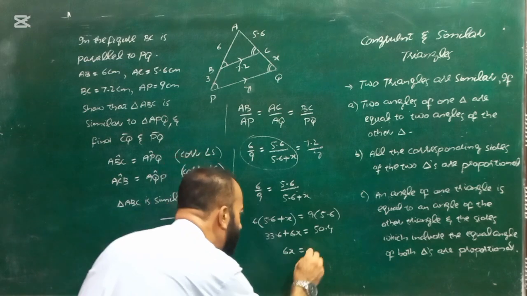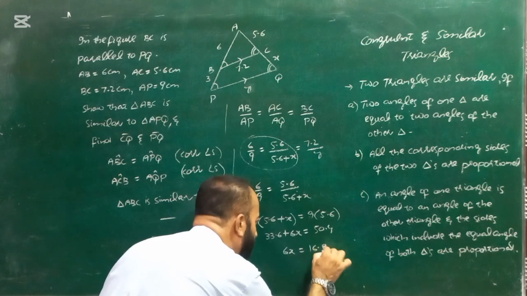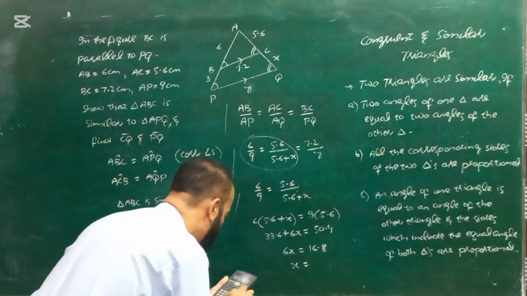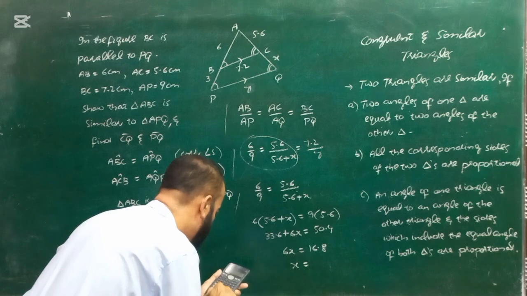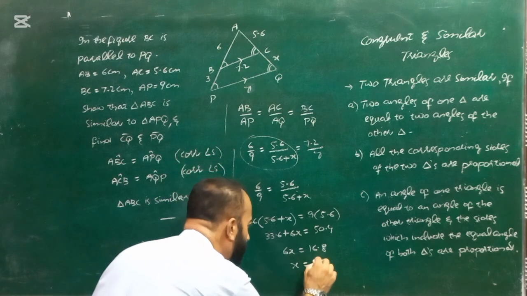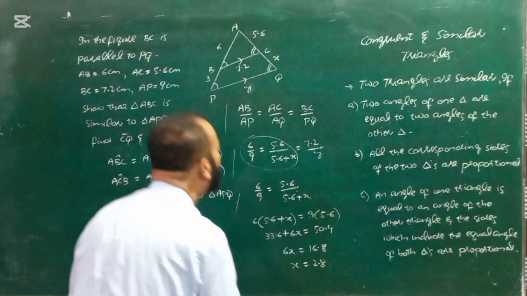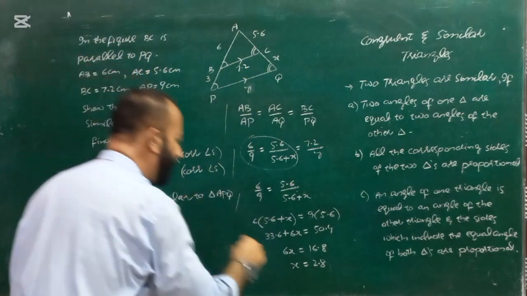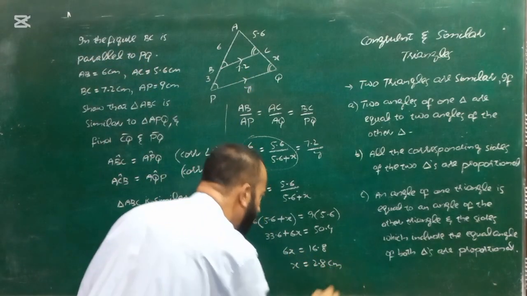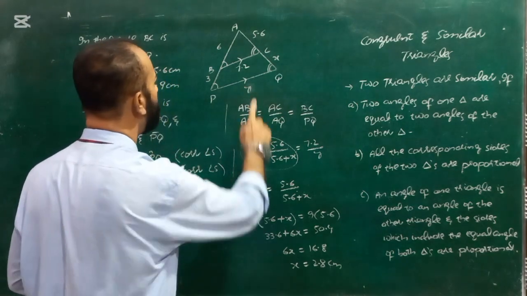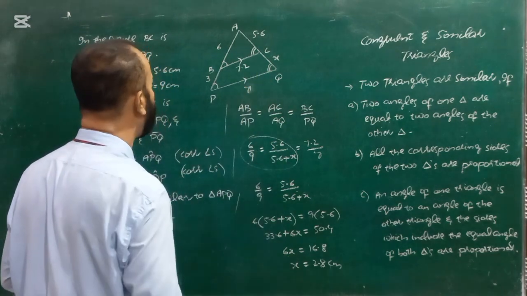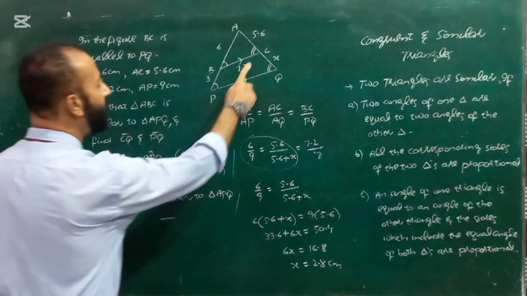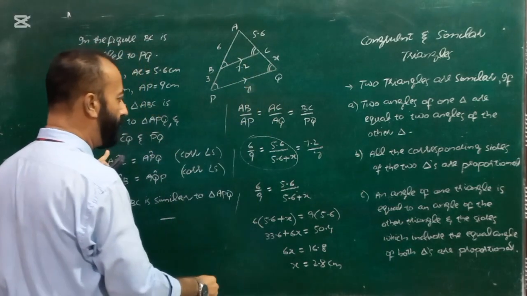So the answer is 16.8, and this will go to the denominator. So the x will be equal to 2.8. Okay, the units used in the question are centimeters. So x is 2.8 centimeter. Okay, CQ and PQ. So CQ is done. And now PQ.